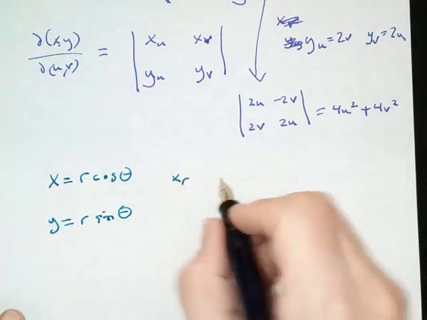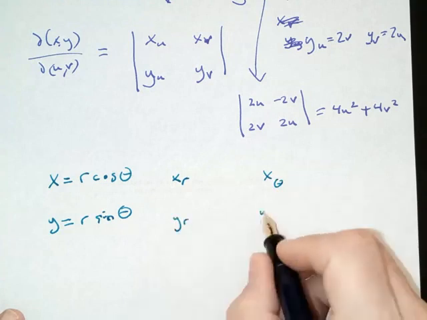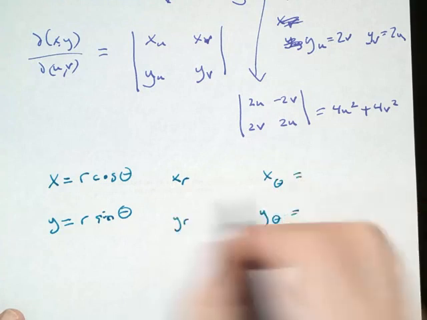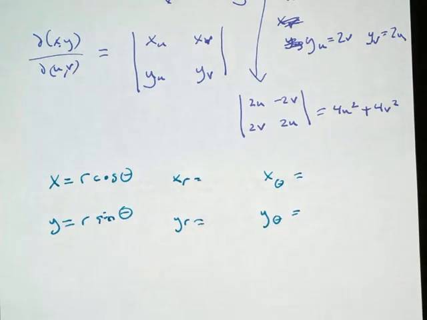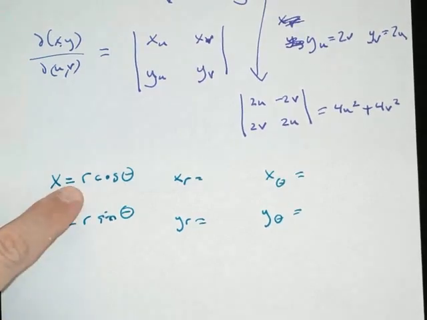I need x with respect to r, x with respect to theta, y with respect to r, y with respect to theta. Give me 4 partial derivatives, please. The derivative with respect to r of x.